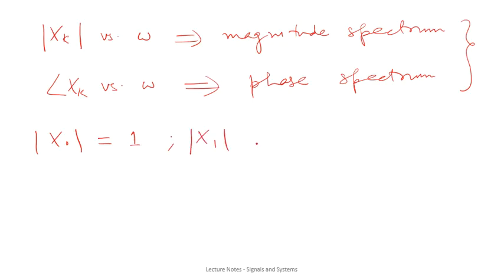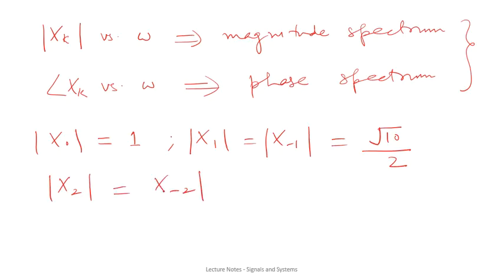So the magnitude of x1 and the magnitude of x minus 1 will be equal. That will be equal to root 10 by 2, and the magnitude of x2 and the magnitude of x minus 2 will be equal to 1 by 2. Okay, similarly you can also find the angle.